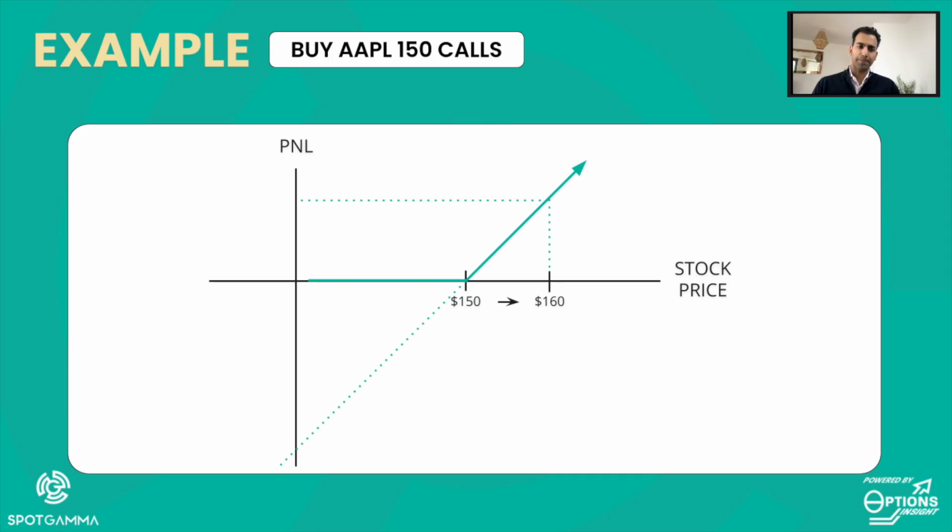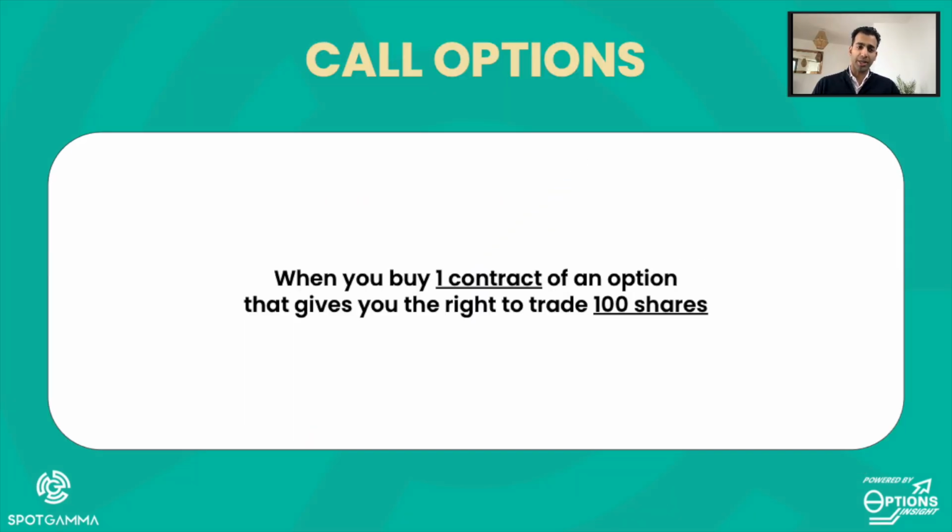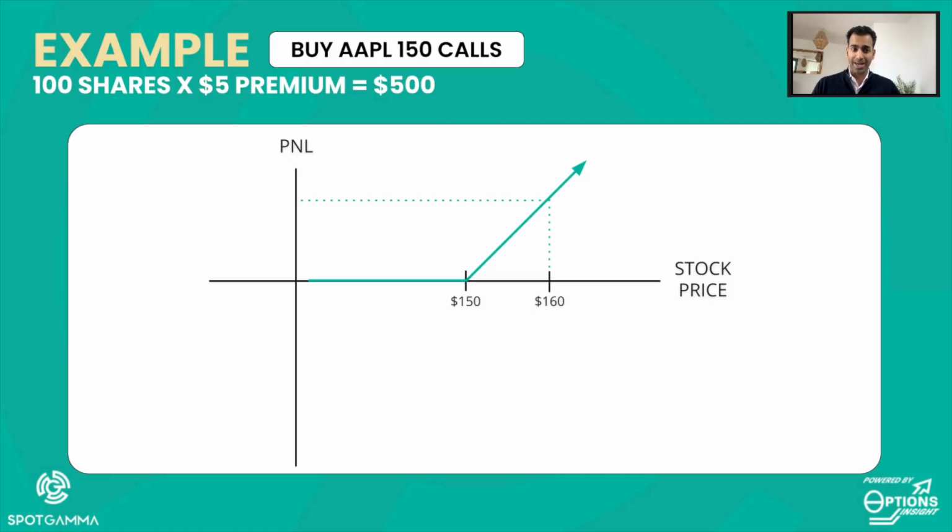So what does that mean? When you buy one contract of an option, that gives you the right to trade 100 shares. And if that option costs $5, then the actual premium that you need to pay is 5 multiplied by 100, which is $500.